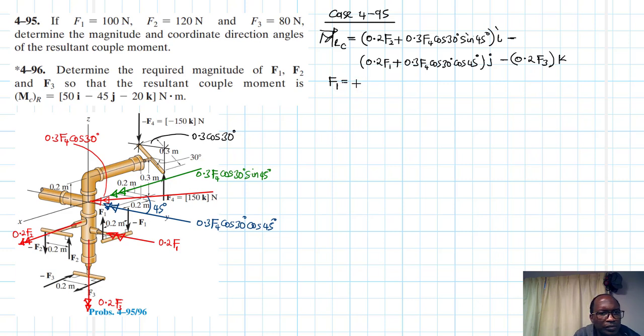We've already been given what F1 is. F1 is equal to 100 newtons. F2 is equal to 120 newtons. And F3 is equal to 80 newtons. F4 was already given in the problem itself, in the figure. It's just 150 newtons.